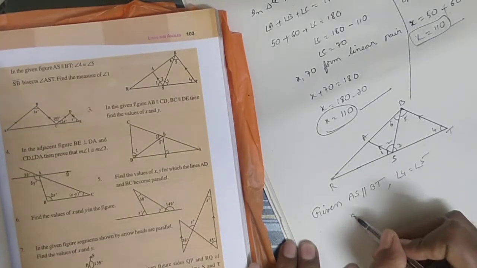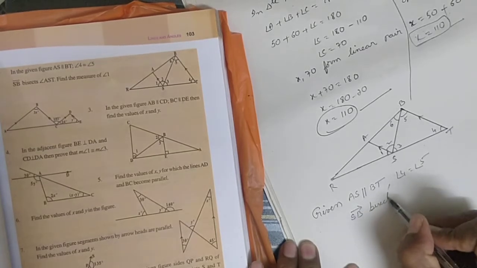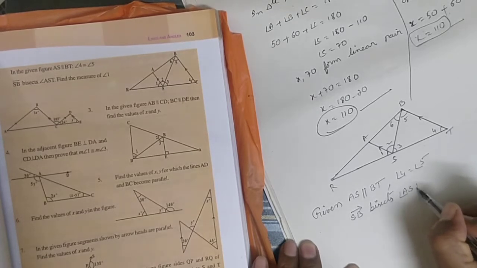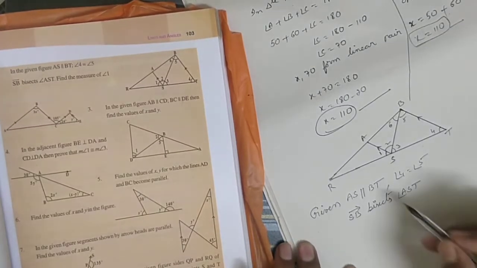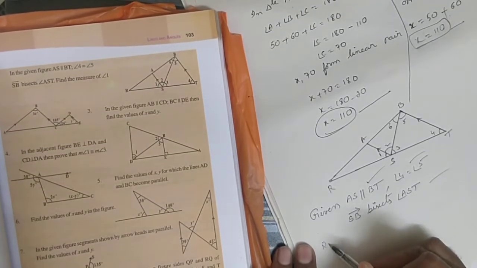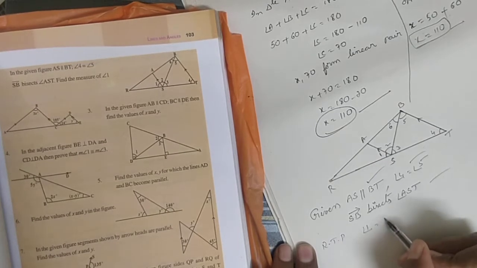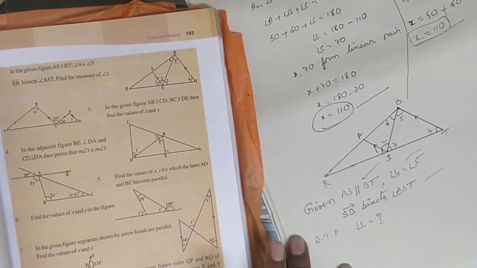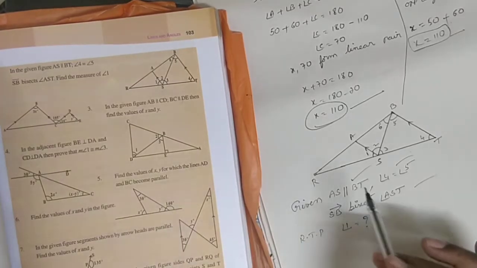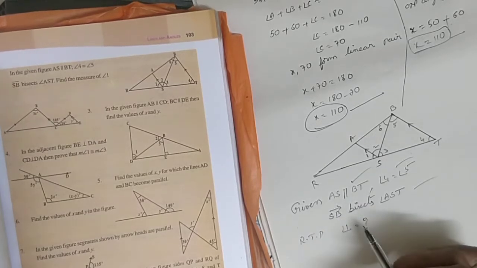And also ray SB bisects angle AST. So three conditions are given for us. What is he asking, what is required to prove? You have to find the value of angle 1. So first read the question, try to understand it, and write given and RTP.